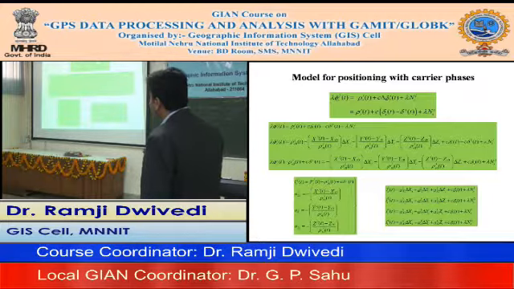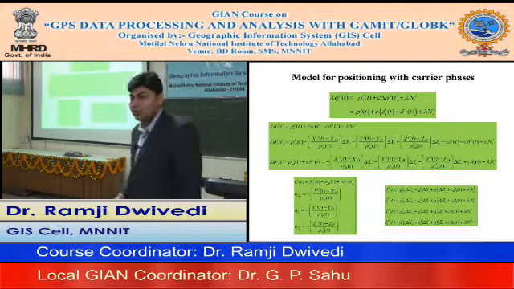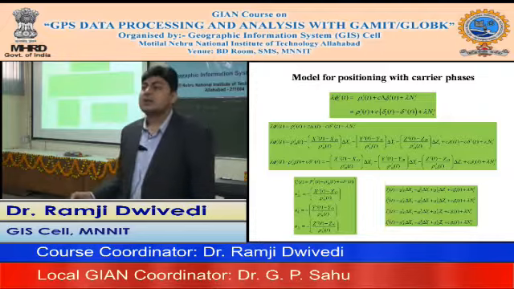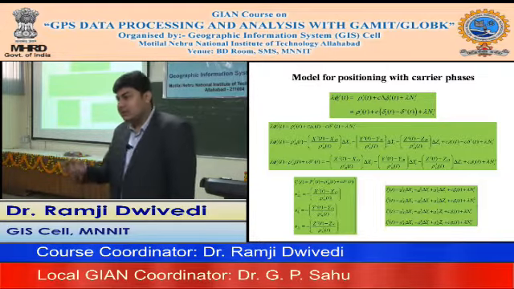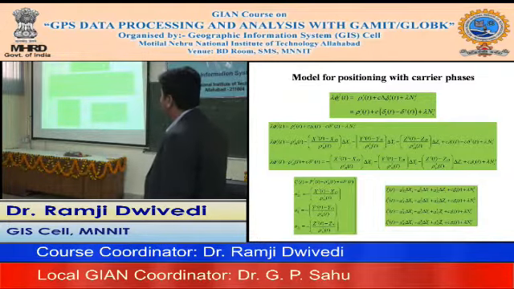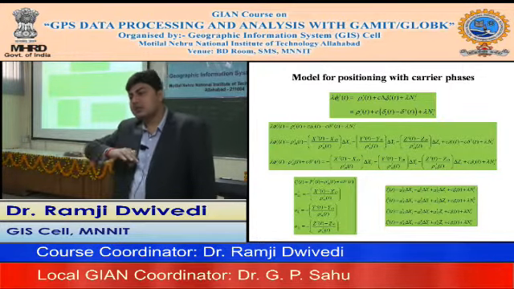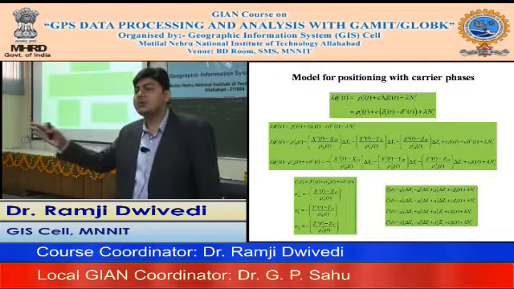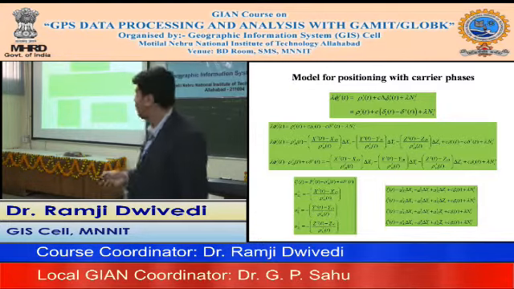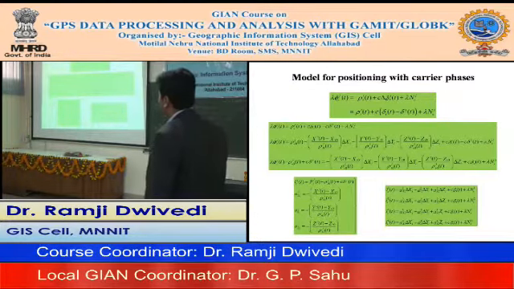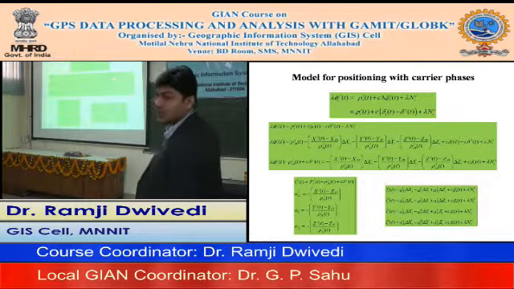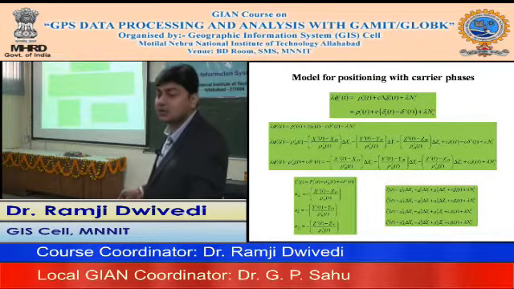This last term, which we call the ambiguity, we have to resolve to get a solution for our position. And the term N is such that the moment you get locked, it becomes constant. It doesn't vary unless you lose the lock. So this rho ij plus c, again the similar term, we don't explain it here, plus those lambda N ij, this is an additional estimate, or you could say an additional parameter.